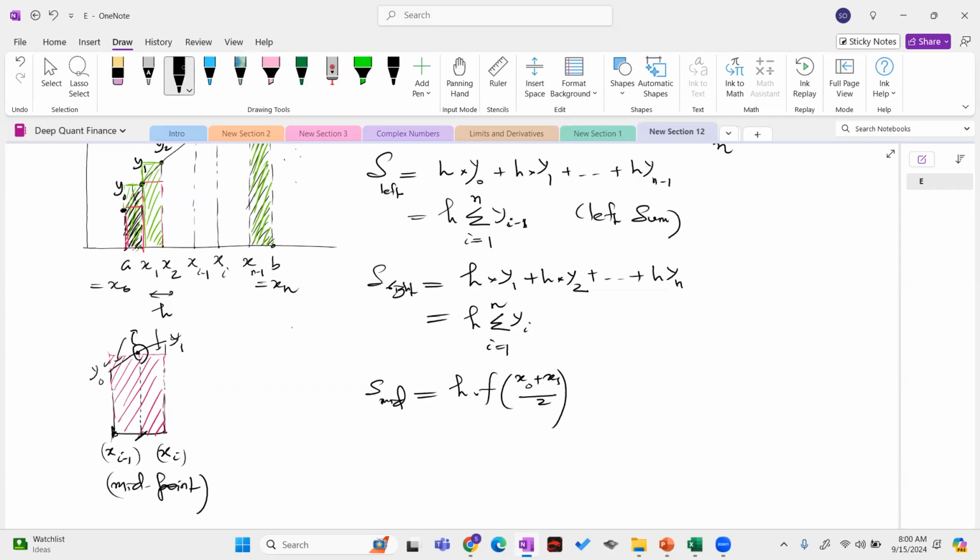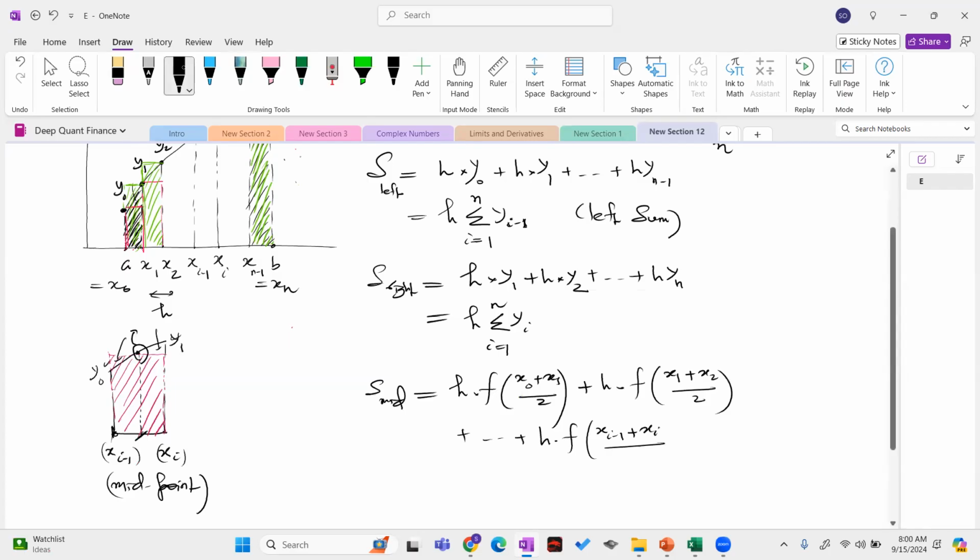Make sense? Second one will be h times f of x1 plus x2 divided by 2. All right, and this goes on. The ith term would be h times f of x i minus 1 plus x i divided by 2.